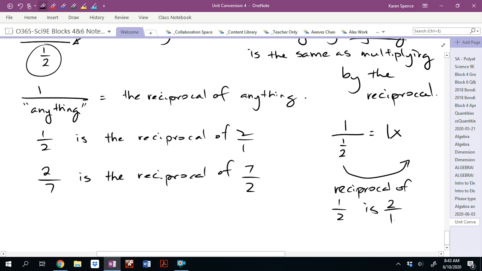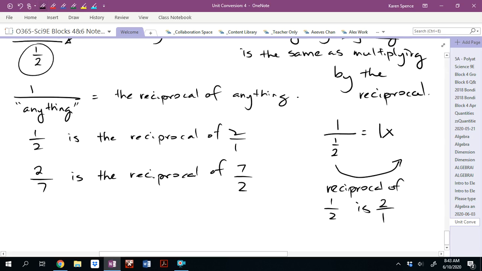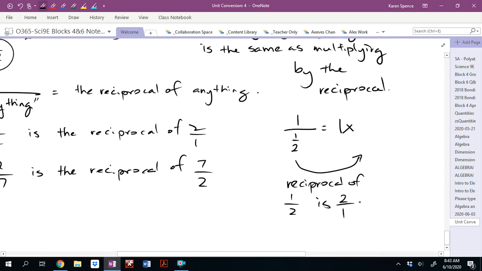Anytime you have a number and you want its reciprocal, you just flip it upside down. So the reciprocal of 1/2 is 2 over 1, which is just equal to 2. So 1 over 1/2 is equal to 1 times 2.